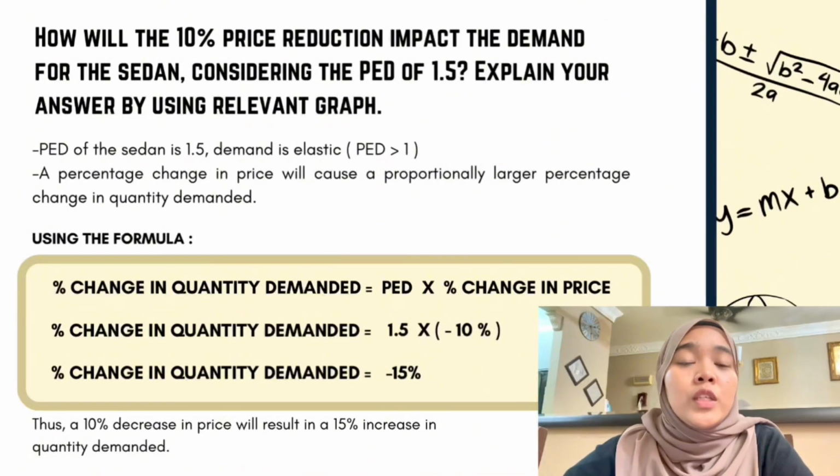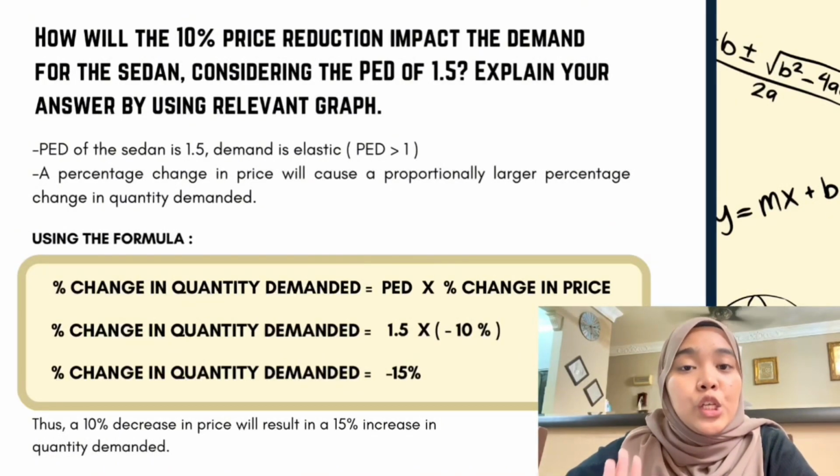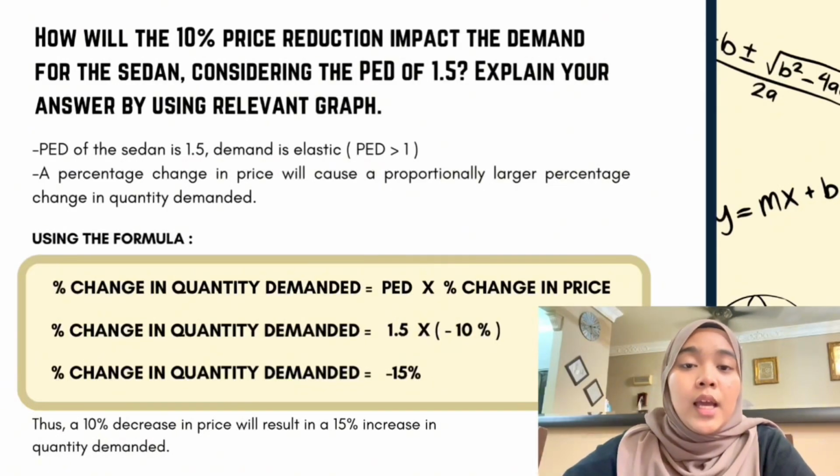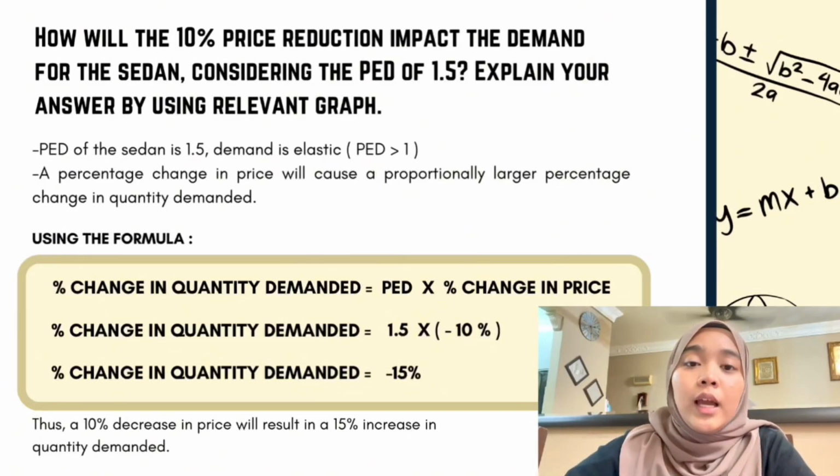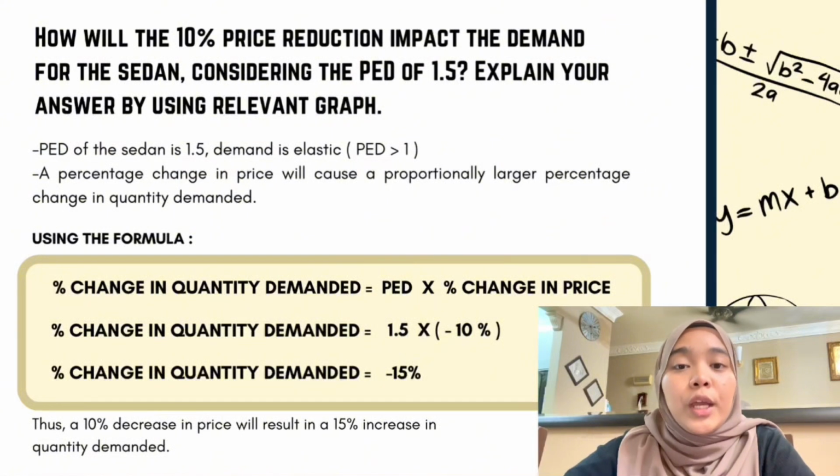Using the formula, percentage change in quantity demanded equals PED times percentage change in price. So the PED is 1.5 times negative 10%. Why do we have to put negative 10%?